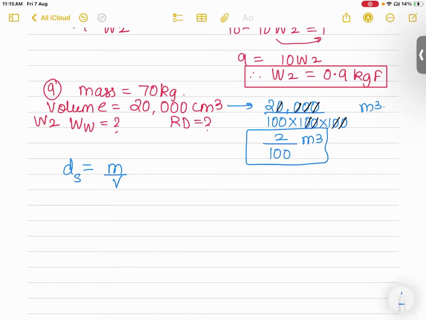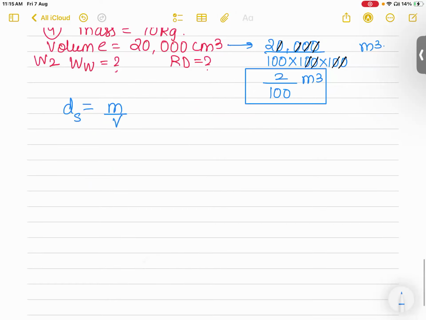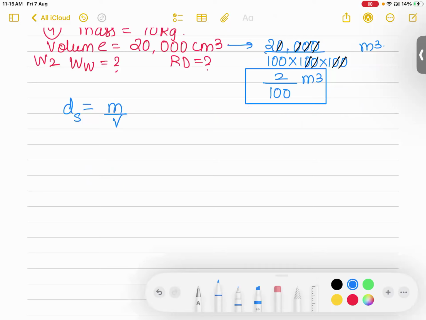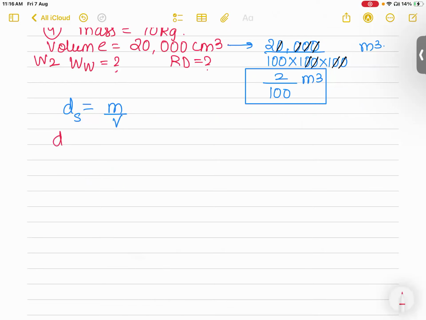Make sense, students? Now, I use my formula. The formula is density is equal to mass upon volume. So density of substance is equal to mass 70, volume is 2 upon 100. 100 will go here in the numerator. So it is 70 multiplied by 100 upon 2.